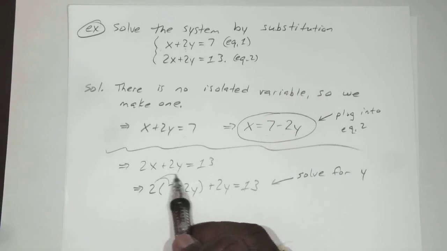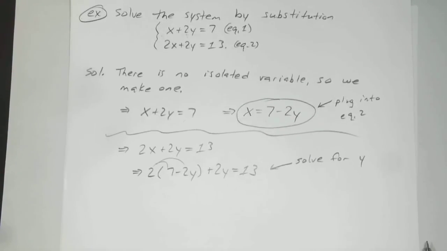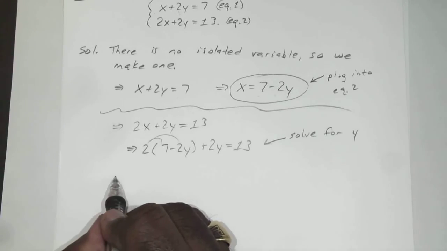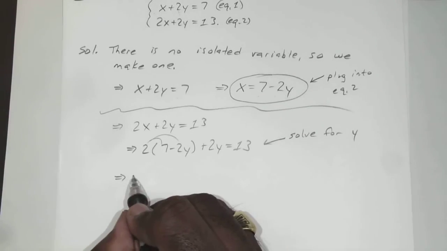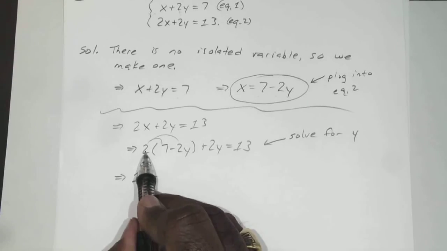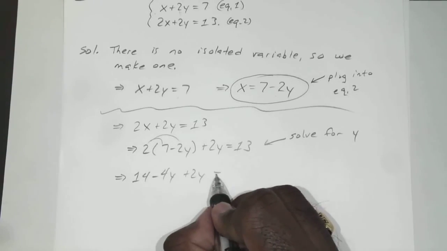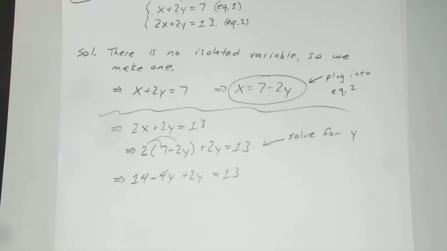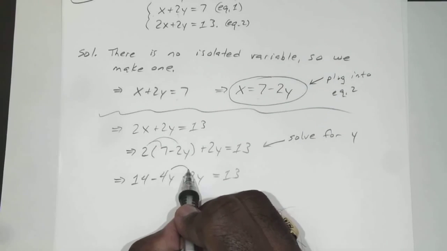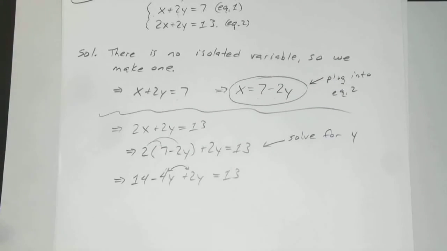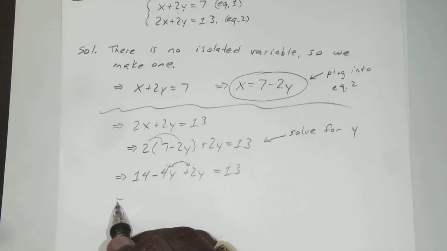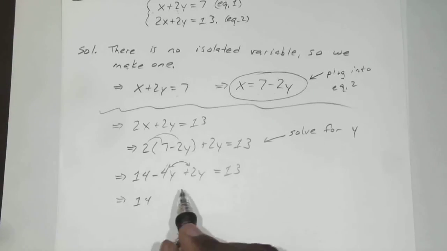Okay, so we go ahead and distribute that 2. 2 times 7 is 14, minus 4y plus 2y equals 13. We can go ahead and combine these two. So that gives us 14.